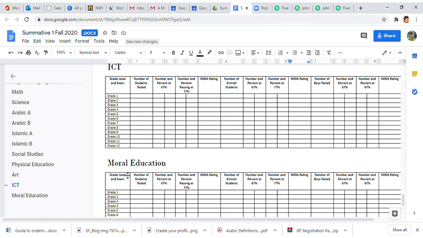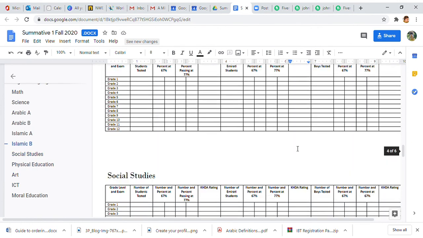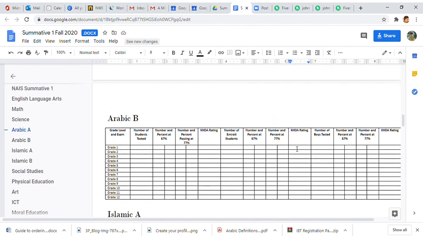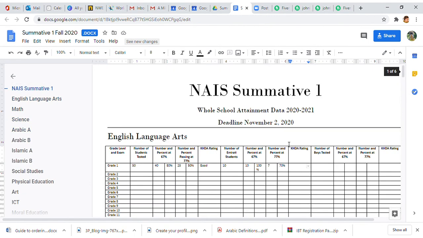We need to know what we look like as a school, as well as I have stated before, all of our classes are driven by standards, and we're able to assess those standards, which gives us justification for our grading system. So this is just us going through how we're tracking our summative data for our internal as a whole school. And this is really for our attainment information.